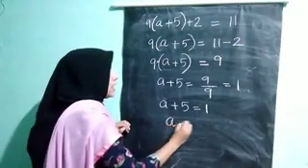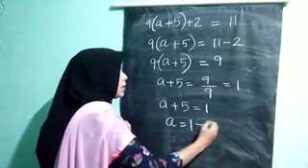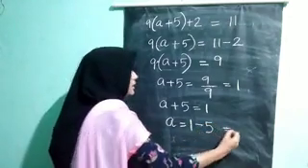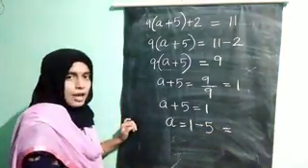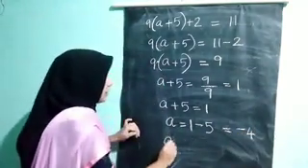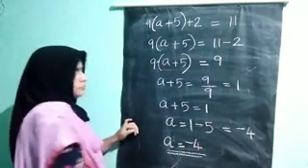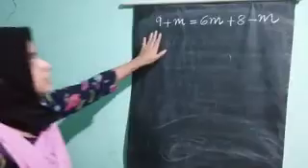Now a equal to 1 already there, plus 5 will become minus 5. Subtract from bigger and put sign of biggest. So minus 4. a equal to minus 4. That is the answer. Next question.